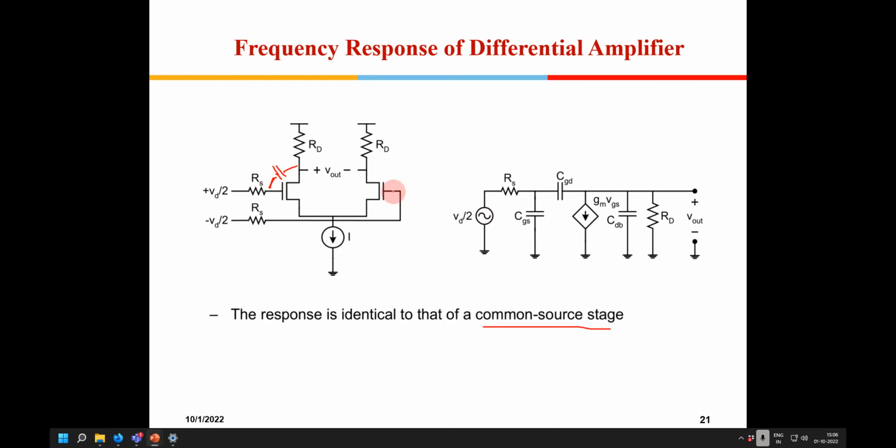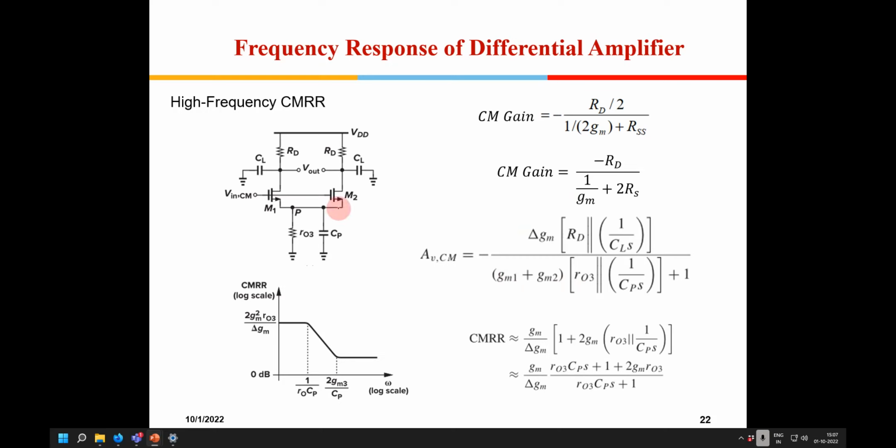Whatever problem we encountered for a CS amplifier, the same Miller effect can be seen in a differential amplifier also, because this is actually a CS amplifier only. It just has two sides to it. So this also has the same issue with frequency, right?